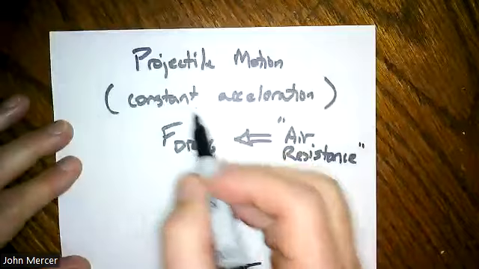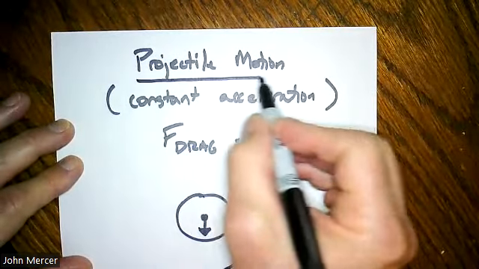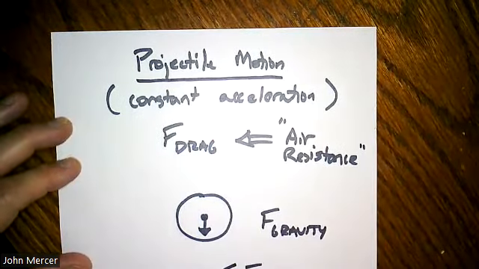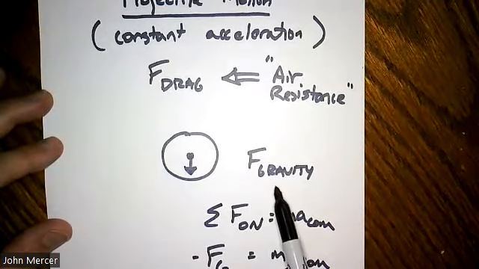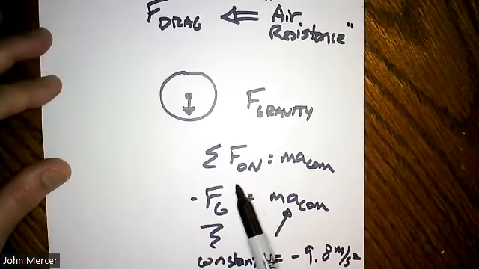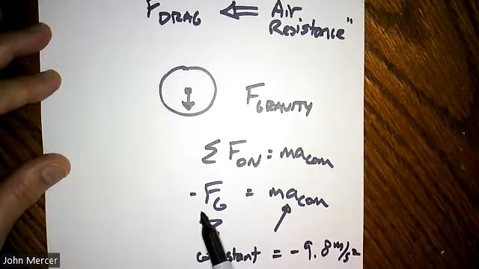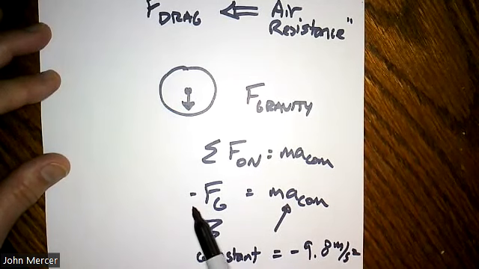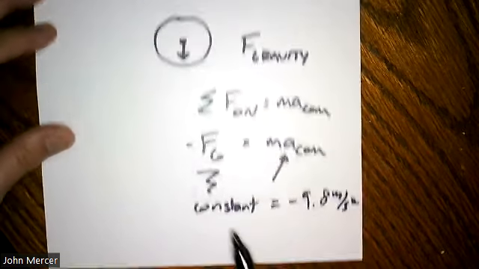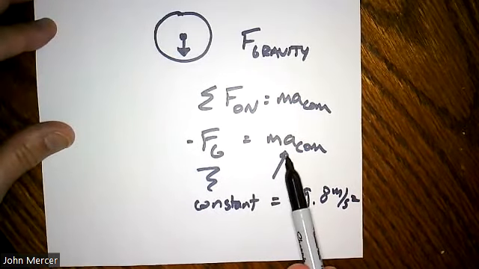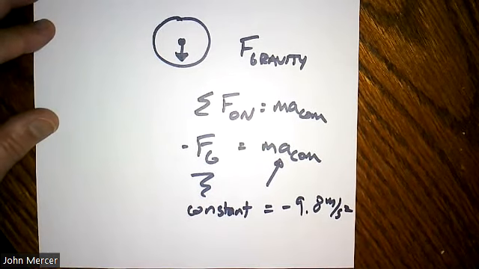And so I deal with projectile motion from the perspective of kinetics, where we deal with one force acting on the object. We simplify this equation to Fg equals ma, and that's a negative force because it's pulling downward on the object. And then we know that acceleration is constant. And knowing that, we can perfectly predict the kinematics. And we see that with our eyes.